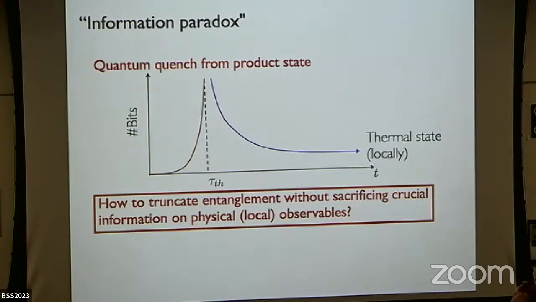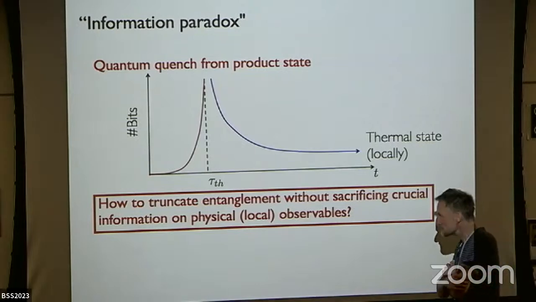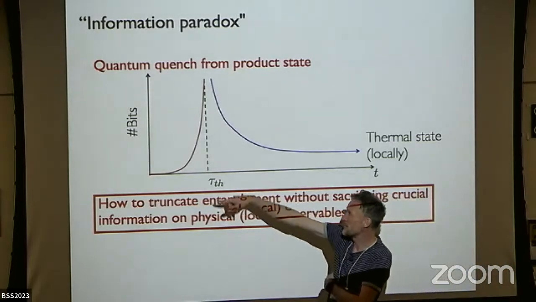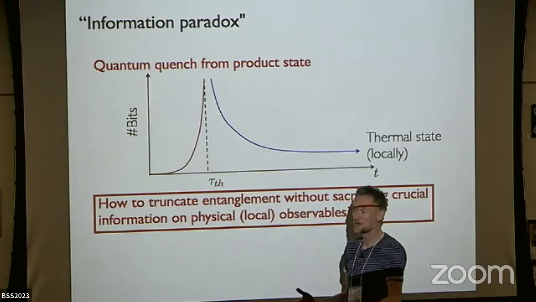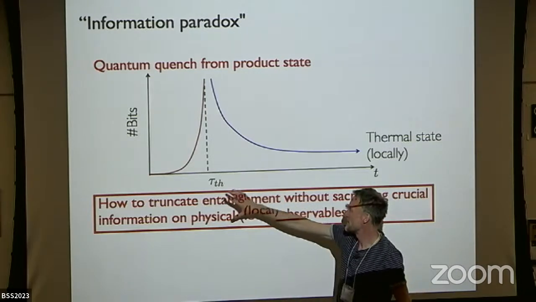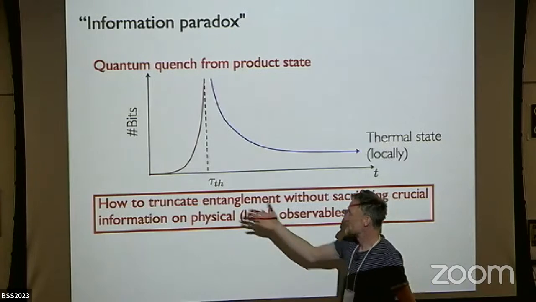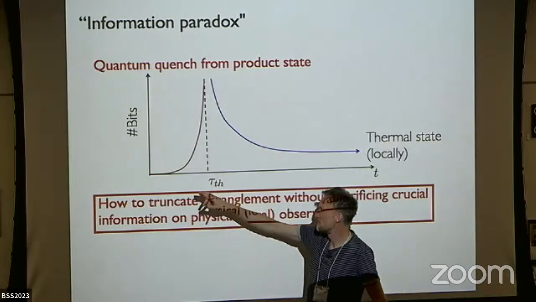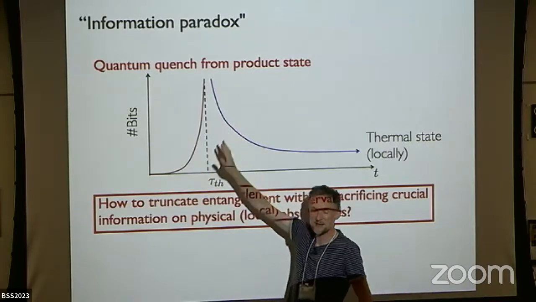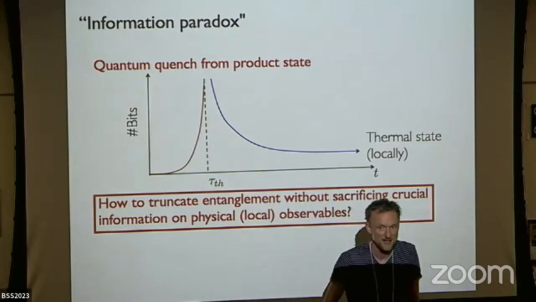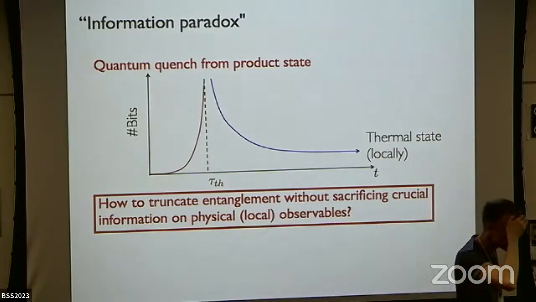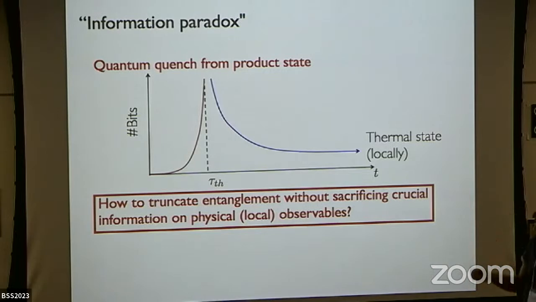And there's now what you might call a sort of information paradox, because here I'm plotting the number of bits that you need to store the state, and here is the time. From this MPS numerics point of view, we find that the number of bits that you need to represent the state is growing exponentially. So the bond dimension is growing exponentially as a function of time.